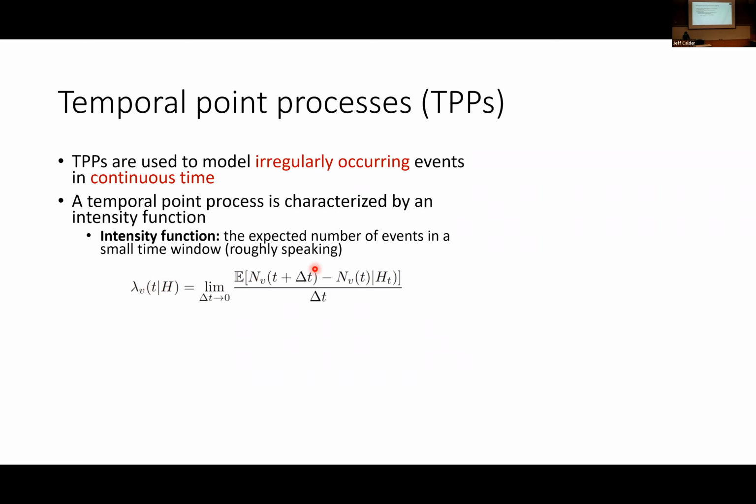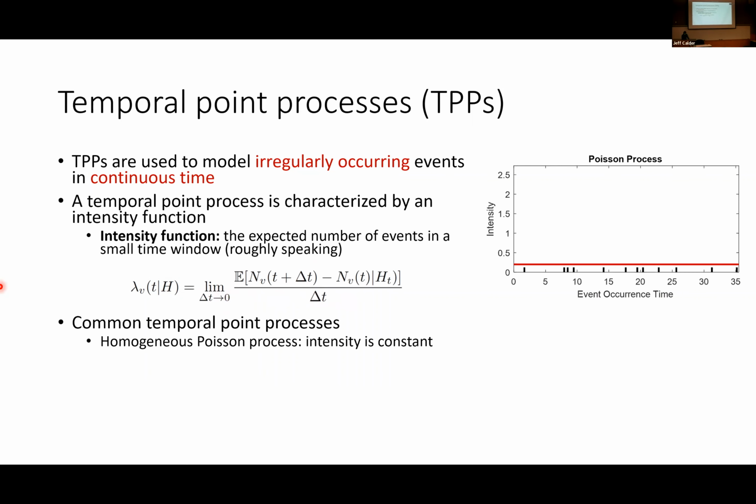It's the expected number of events that occur in a small time window, delta t, roughly speaking. So it's the limit here as delta t goes to 0. So that's the intensity at time t.